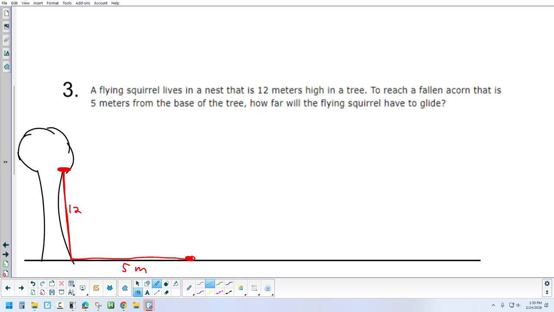So the squirrel, flying squirrel, is going to glide straight down like that to get to the acorn. The question is, how far does the squirrel have to glide? Okay. What's the formula we need to use to figure that out? Yep. A squared plus B squared equals C squared. Okay. Joe Smiley, what's A in this case?